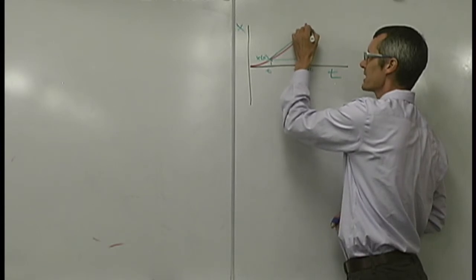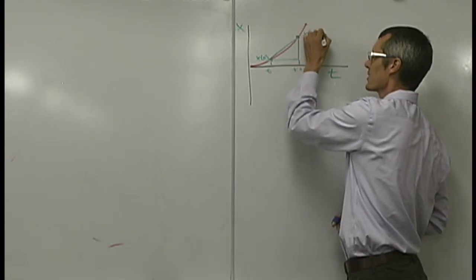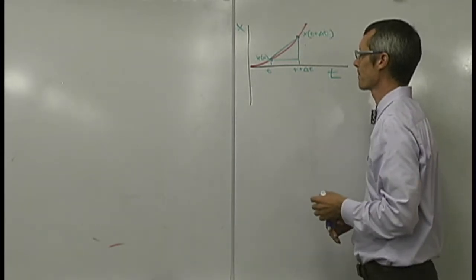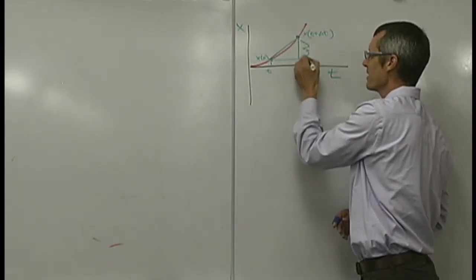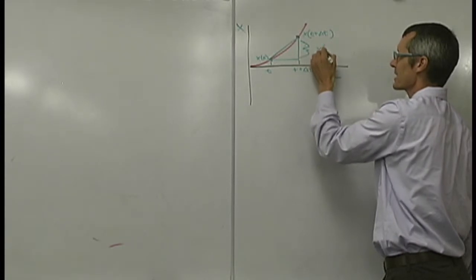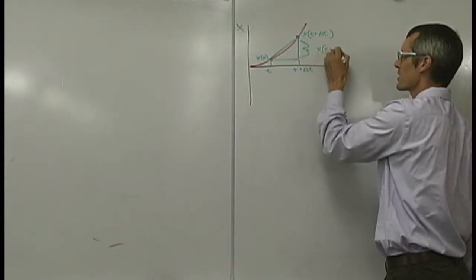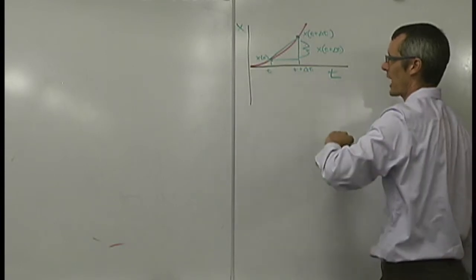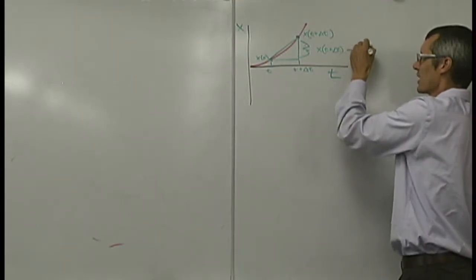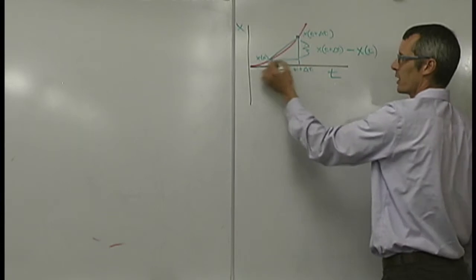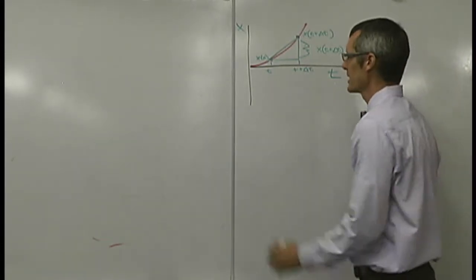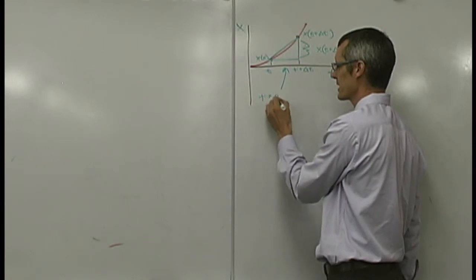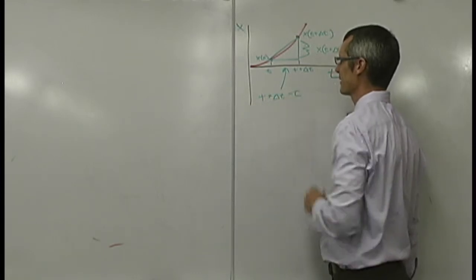The upper part up here has a value of x of t plus delta t. So this side right there has a value of x of t plus delta t. In other words, the value of the function at this point along this horizontal axis minus x of t, the value at that low point there. Similarly, this side here has a value of t plus delta t minus t.